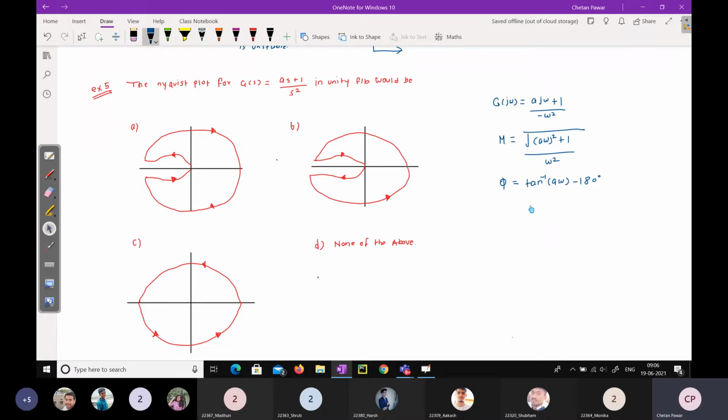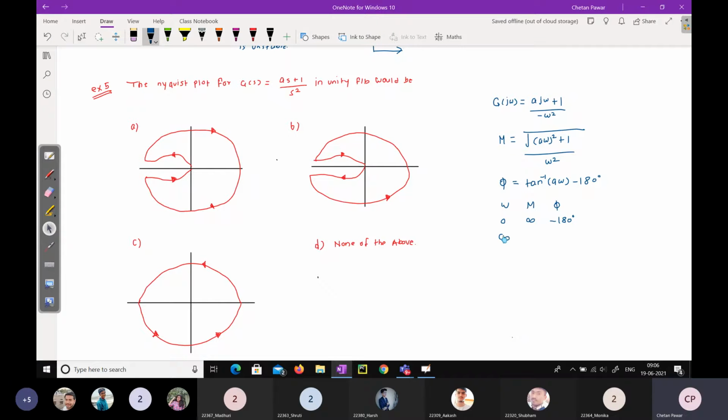Let us find the magnitude and phase at omega equal to 0 and omega equal to infinity. At omega equal to 0, the magnitude is infinity and the phase is minus 180.